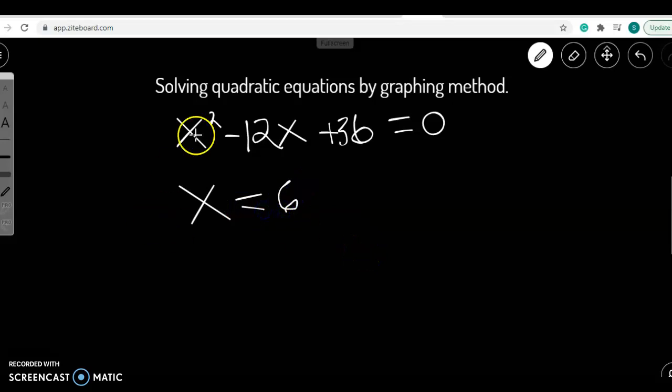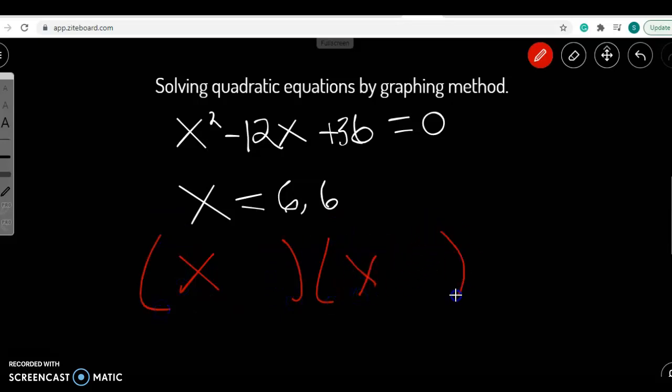But remember, since it's of second degree and we are expecting 2 answers and we got only 6, it is repeated, so we can write another 6. So x equals 6, and another, the same 6. In case we want to write our factored form, we just write x, and we are waiting for our numbers, and here is a flip.